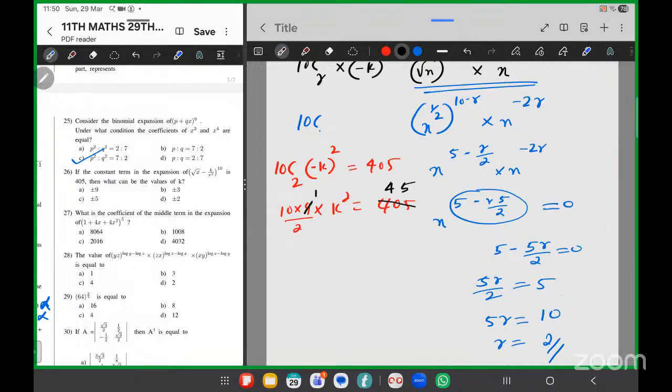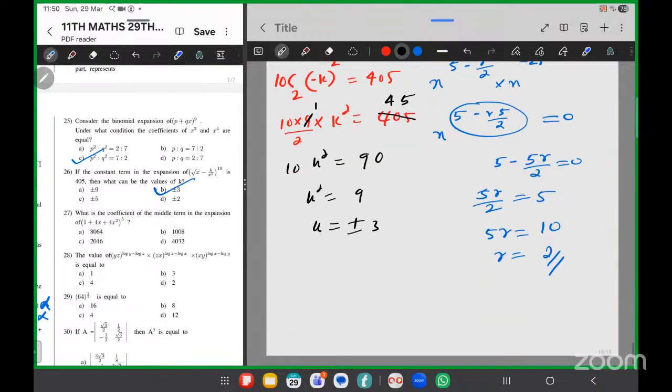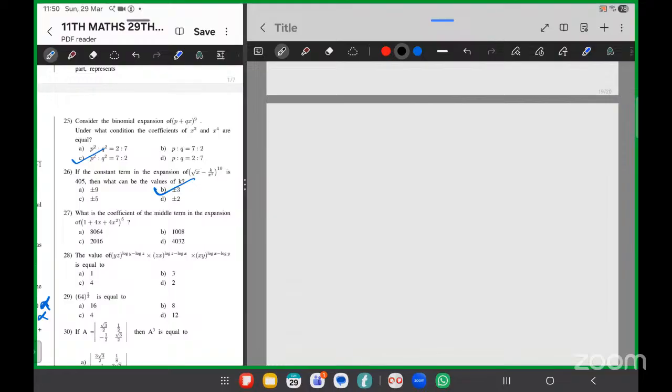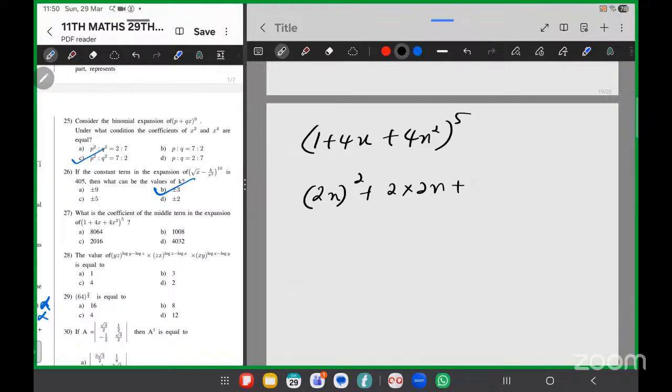Question number 27. What is the coefficient of the middle term in the expansion of (1 plus 4x plus 4x square) raised to 5? This can be written as (2x the whole square plus 2 into 2x plus 1 square) the whole raised to 5.